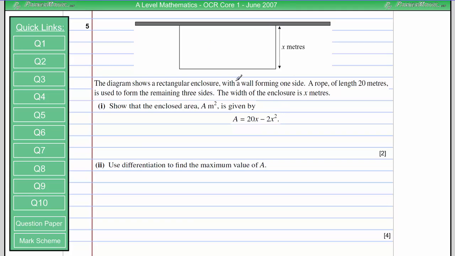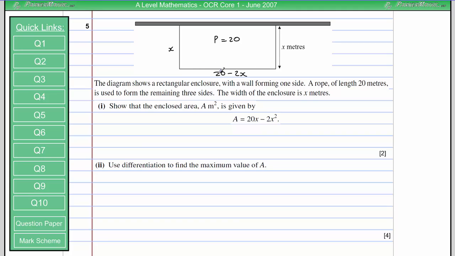Let's have a look at the diagram up here and add some things to it. Well, if this length is x, then that must mean the other side is also x because it's a rectangle. And if you remember that the whole perimeter is 20 for this whole rope, remember we're excluding this top bit here, we can say that this length here is going to be the whole perimeter minus the 2 lots of x here.